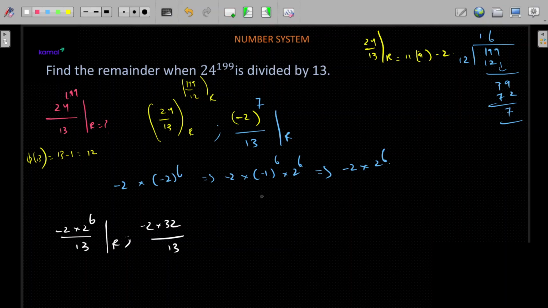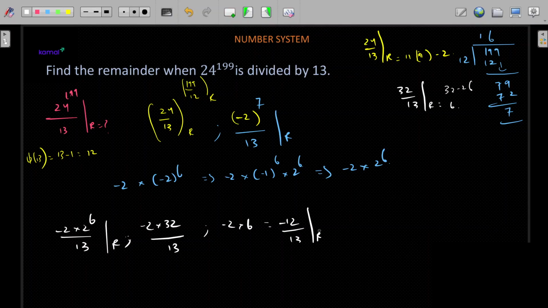So 32 by 13, what is my remainder? The highest multiple of 13 which is less than 32 is 26. So 32 minus 26 is 6. So I can replace this 32 in terms of its remainder. So eventually it will become minus 2 into 6, which is equal to minus 12.